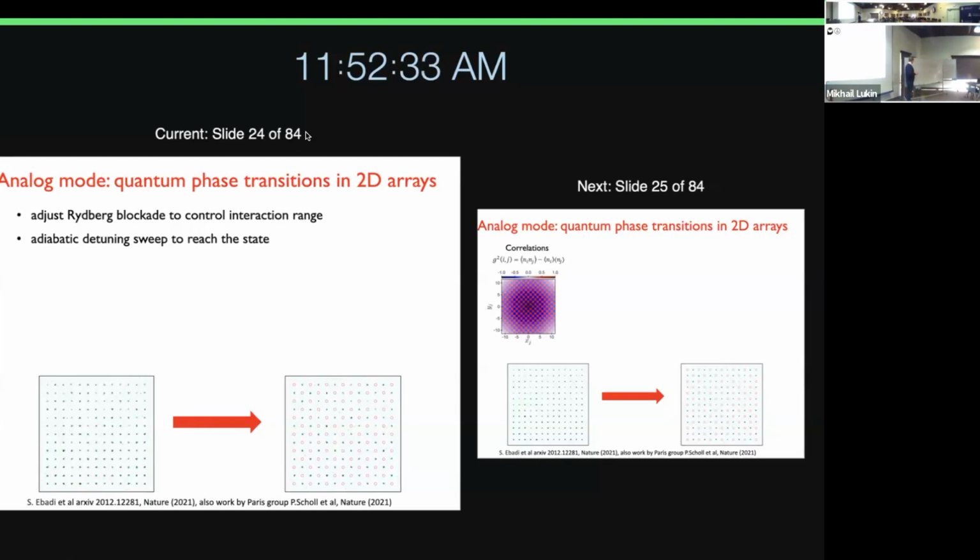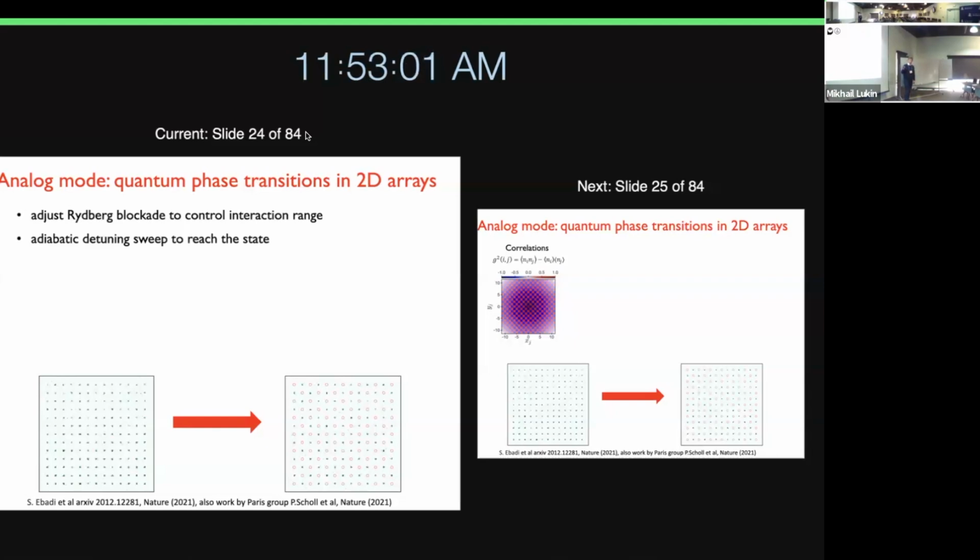Typically we use two lasers, and this transition is off-resonant, so the spontaneous emission is suppressed. Now, the emission from the Rydberg state results in this kind of 100 microsecond coherence time, and we usually try to do things much faster than that.